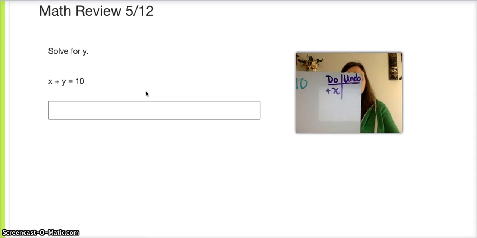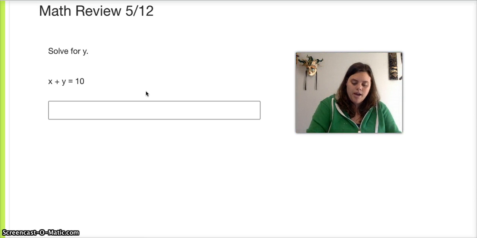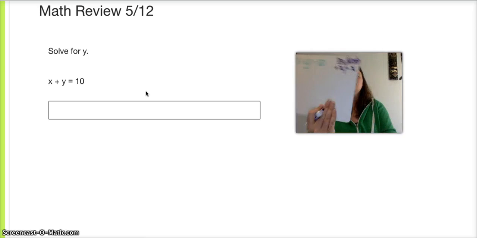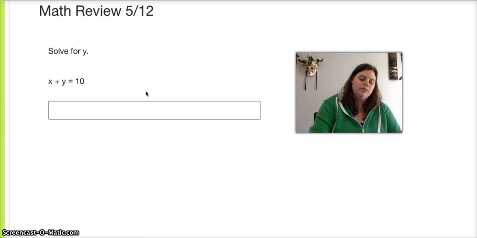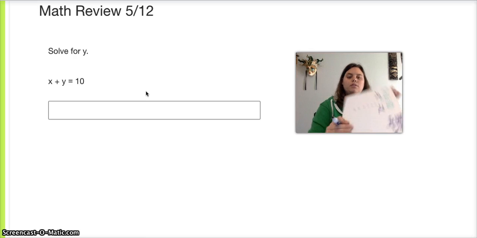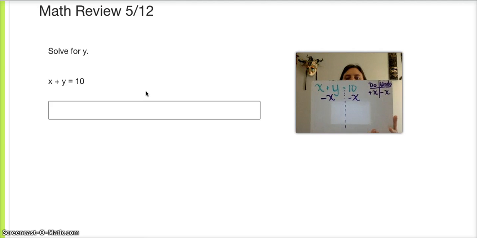So that's what I'm doing to y. So to undo that, I'm simply going to subtract x from both sides. So I'm going to draw my line straight down from my equal sign and subtract x on both sides of my equation.